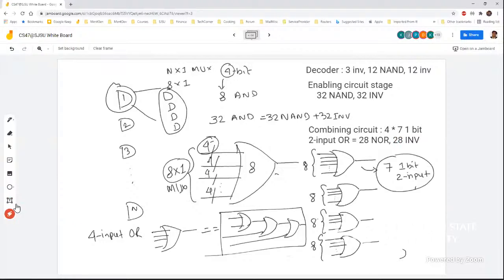So in total we have 75 inverter, and we have 12 NAND, 32 NAND. 12 plus 32 is 44, and NOR we have 28.